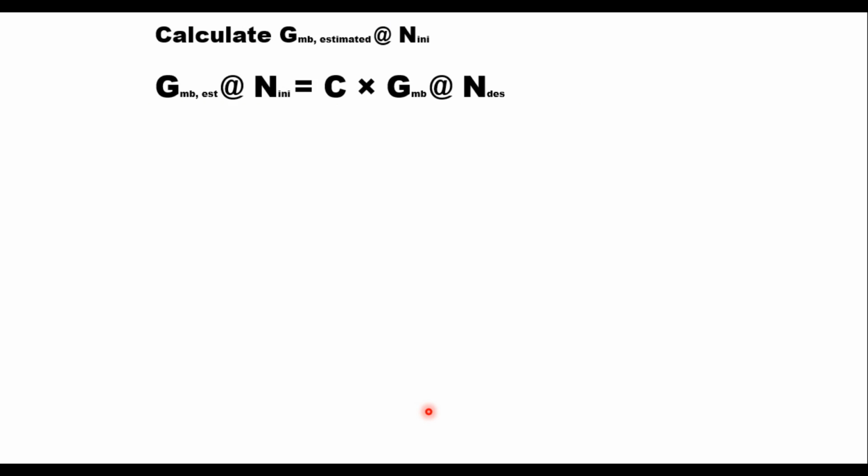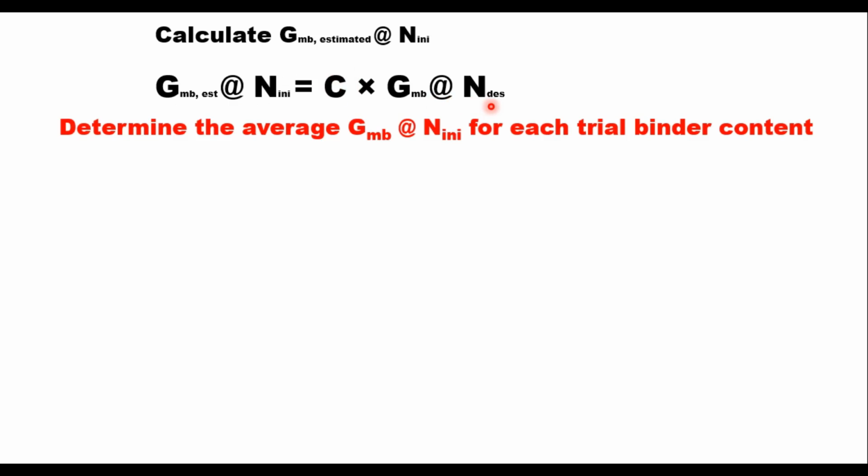Now using this correction factor, you can calculate GMB estimated at N initial. That is equal to the correction factor multiplied by GMB at N design. And determine the average GMB at N initial for each trial binder content.